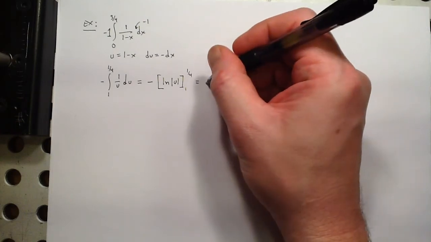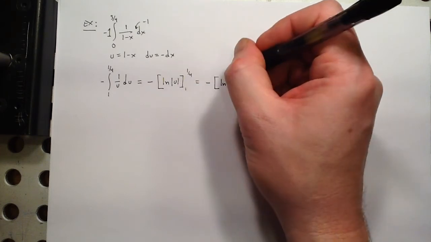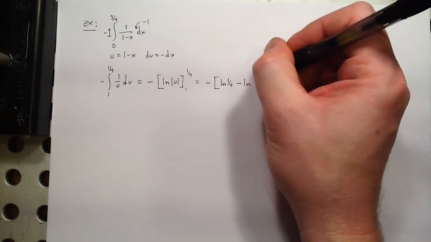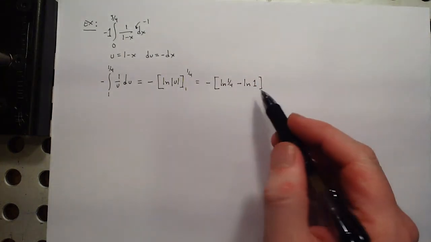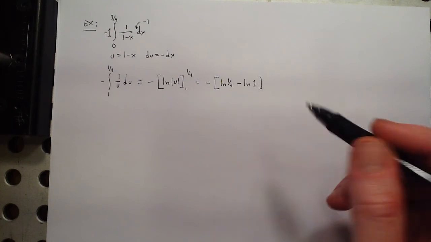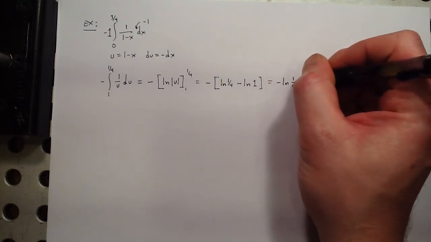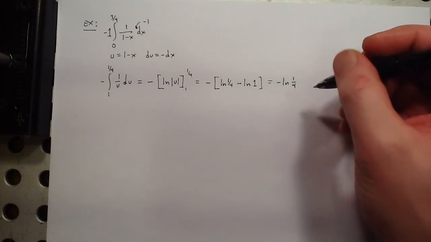So that's a negative sign. And I have the natural log of 1/4 minus the natural log of 1. And of course the natural log of 1 is 0, so that's negative natural log of 1/4. Now that's a version of the correct answer, but probably if it was a multiple choice kind of scenario, that's not going to be the answer that's there.